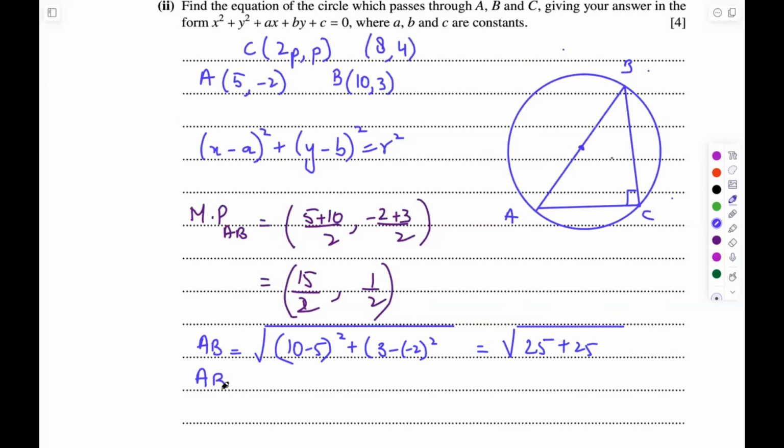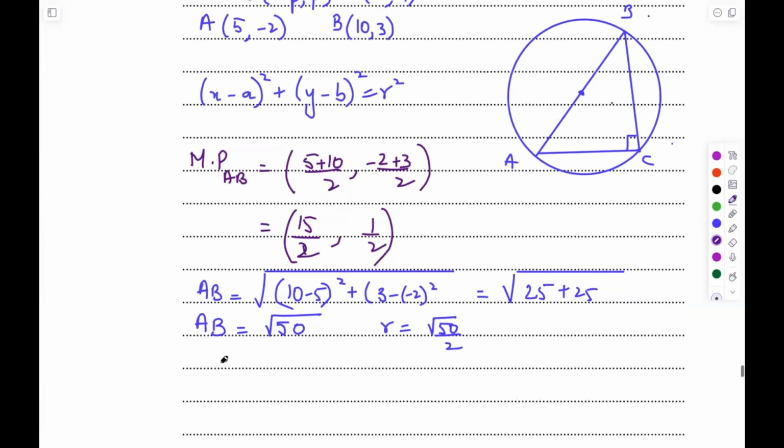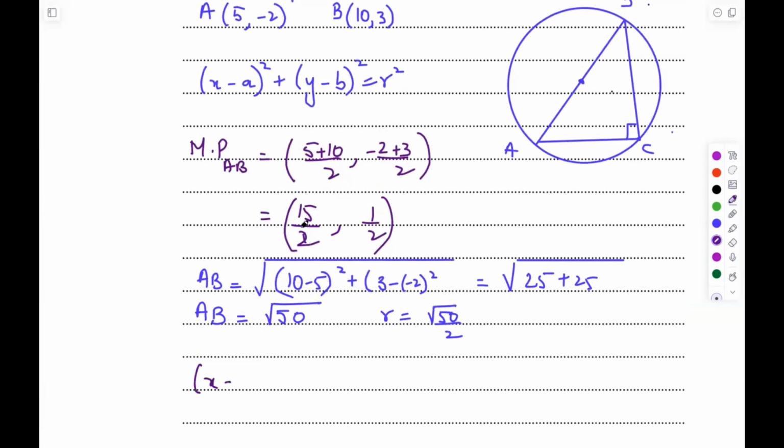The length of AB is equal to the square root of 50, which means that the radius will be square root of 50 upon 2. Now substituting these values of the center and the radius in the general form, we'll get x minus 15 upon 2 whole squared plus y minus 1 upon 2 whole squared equals square root of 50 upon 2 whole squared.